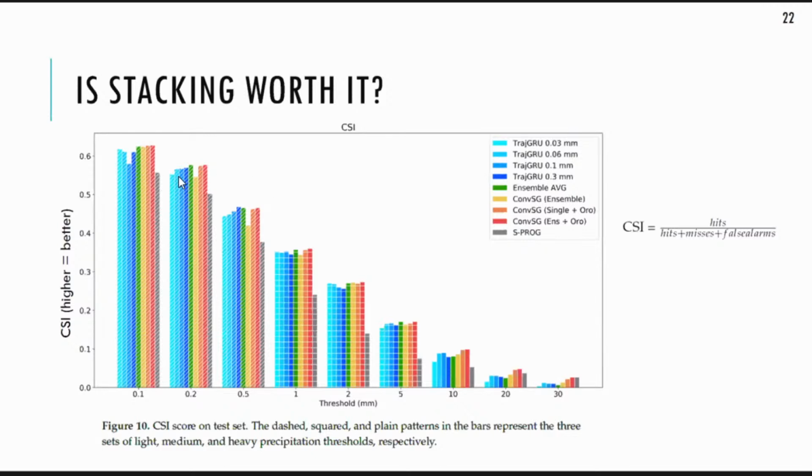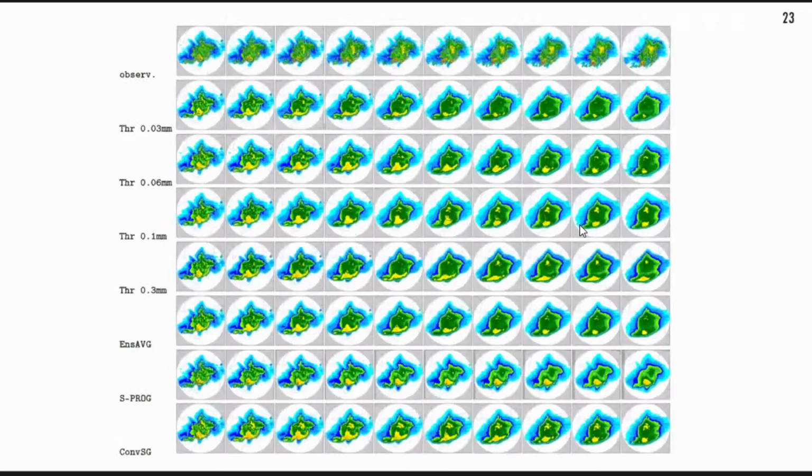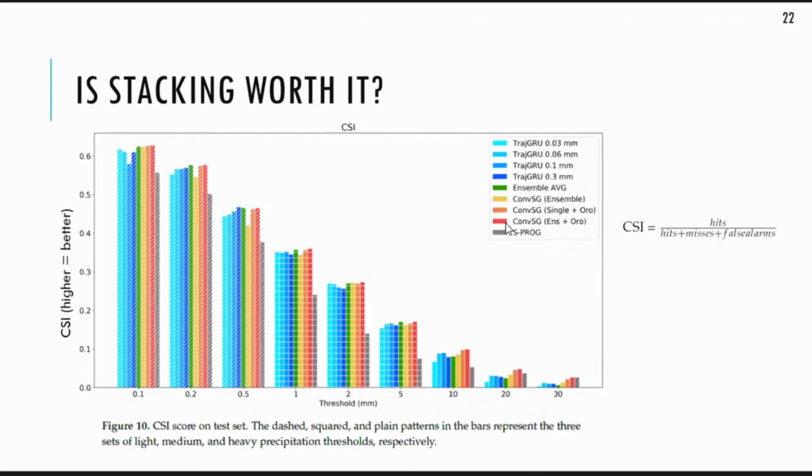What's really interesting is that when we compare the orange one, just a single model plus the orography, to the ensemble plus orography, there is not a lot of difference, at least when looking at the CSI. This is just one score, keep that in mind. There are other scores, but for the critical success index it looks like we don't gain a lot from using the ensemble.